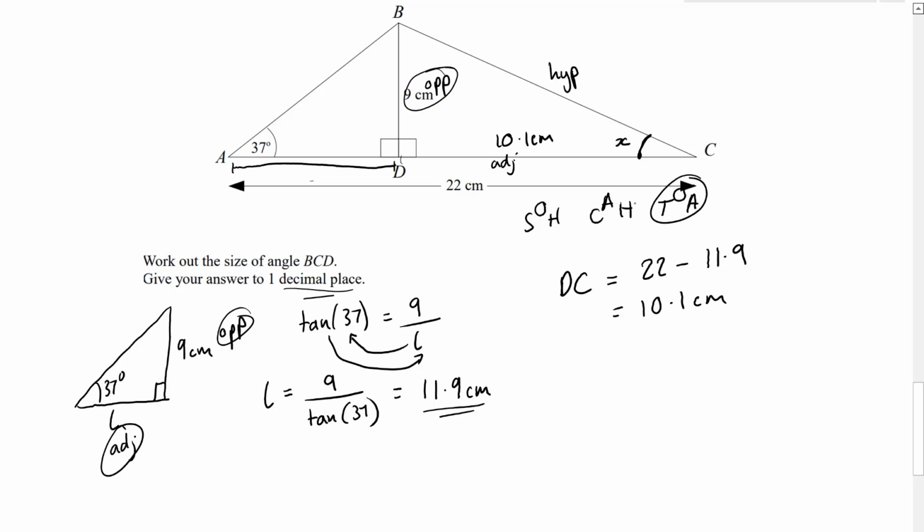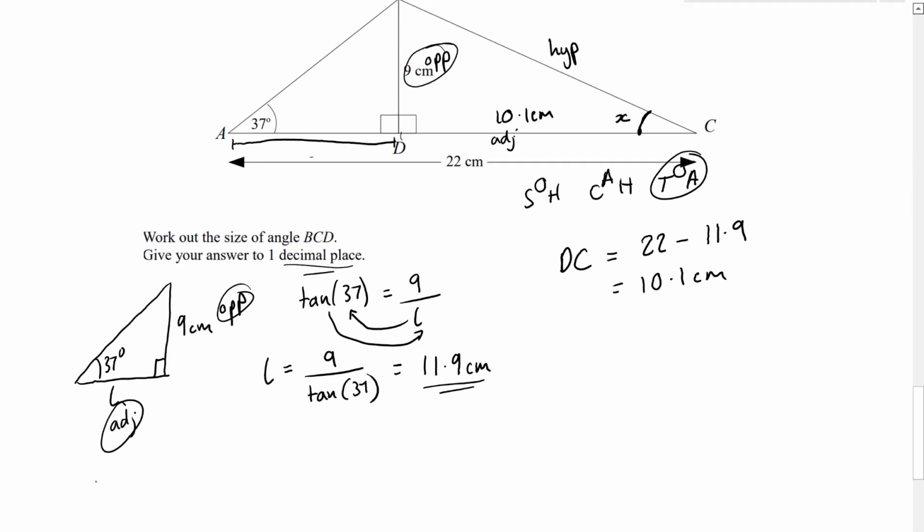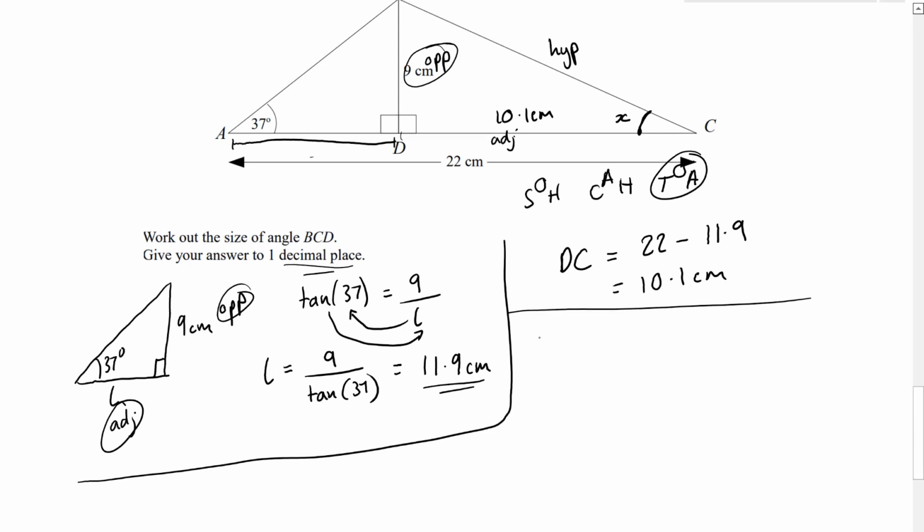So we're still going to work with the tan. So if we separate this, so we'll say this is this half, and then this last part, we know that tan of x, so the unknown x here, is equal to the opposite, which is 9 centimeters, divided by the adjacent, which is 10.1 centimeters.